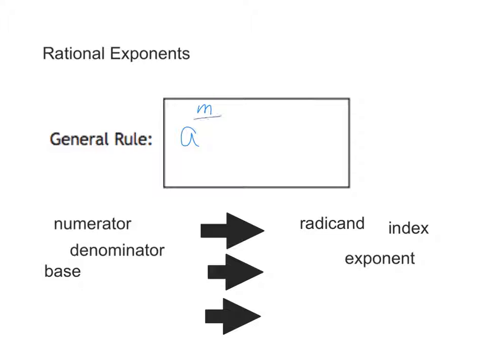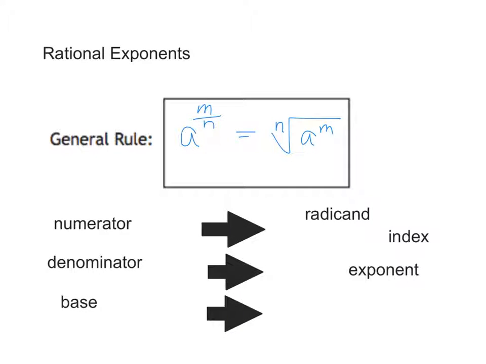A to the power of m over n, so a fraction, is equal to the nth root of a to the power of m. So the way the rule works, when you look at the expression in exponential form, we want to switch it into radical form.